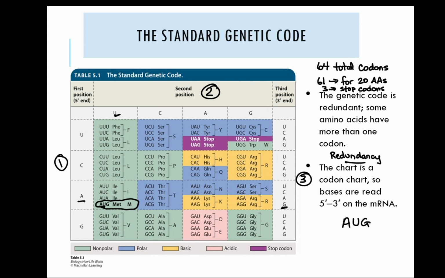This is because if a point mutation happens, and mutations happen at a pretty frequent rate in the cell over the course of an organism's lifetime, there's a little flexibility, especially in that third position, that third nucleotide. That's something called wobble. So it gives you some flexibility in case something happens, which is not unusual over the course of somebody's lifetime.